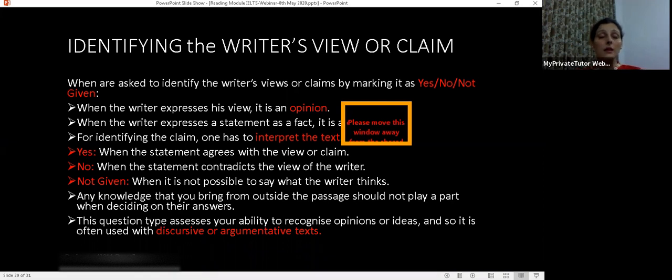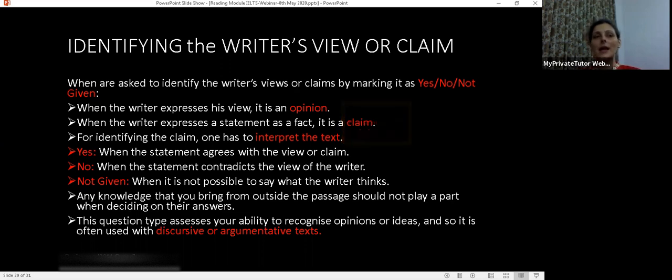But for this question, how are you going to identify the writer's views or claims in the statement? When you are asked to identify the writer's view or claims, you mark it yes, no, or not given.